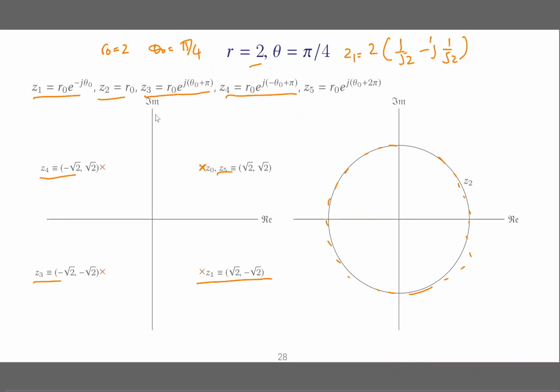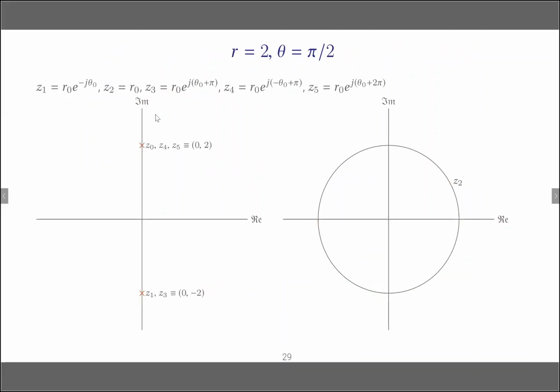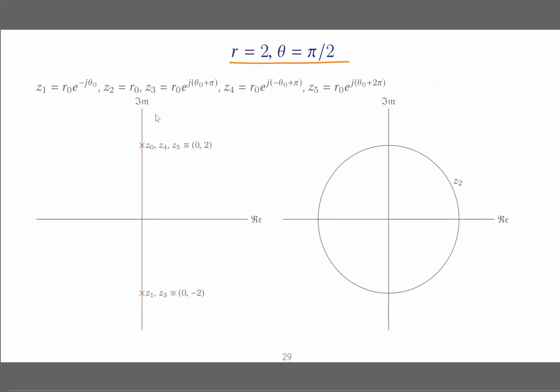Now in the next case, we have R equals 2 and theta equals pi by 2. So similarly, we can mark these complex numbers. Z2 is unchanged, but Z naught is right here, and Z1 is actually right here, and so on. The other numbers you can think on your own and see why these answers are so.